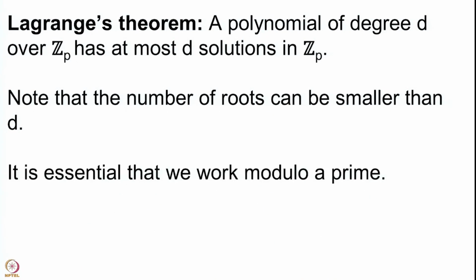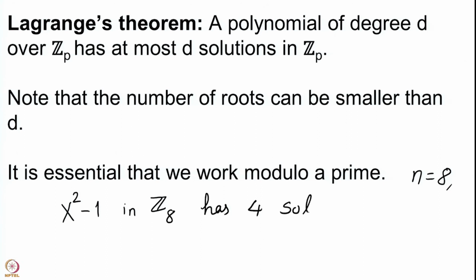What if we work with something which is not a prime? Does this result still hold? No, it is important that you work modulo a prime. If you take n equal to 8 and we solve the equation x square congruent to 1 mod 8, so x square minus 1 in Z8 has 4 solutions: 1, 3, 5 and 7.